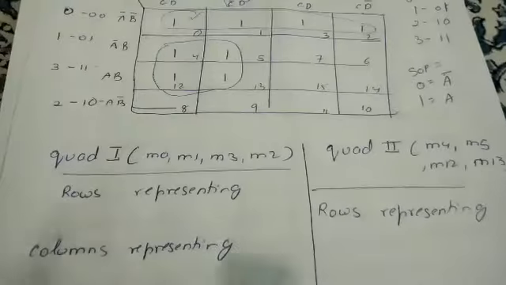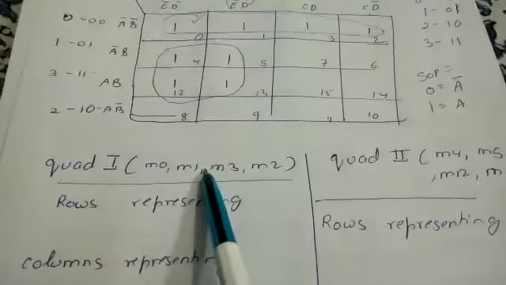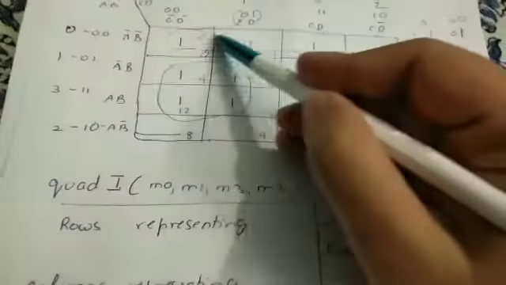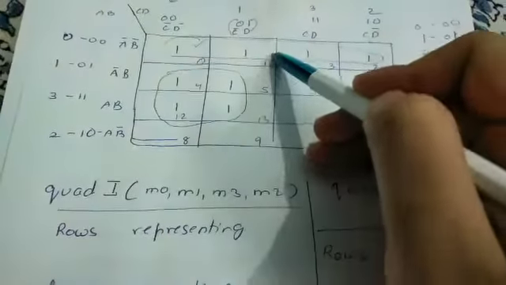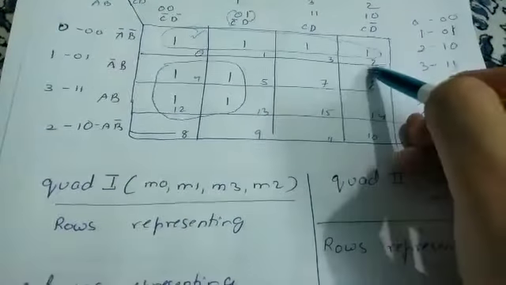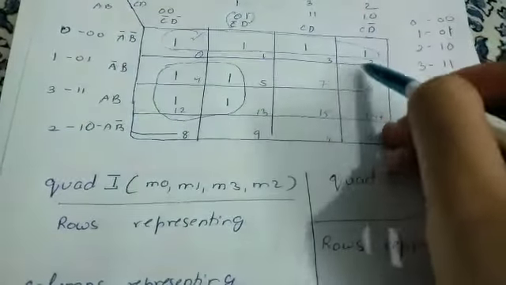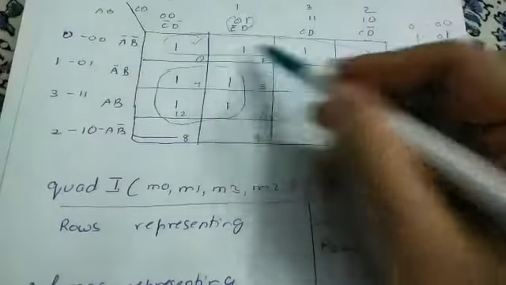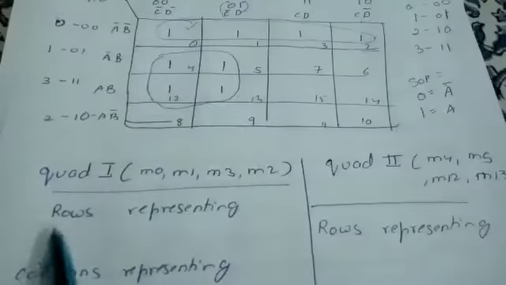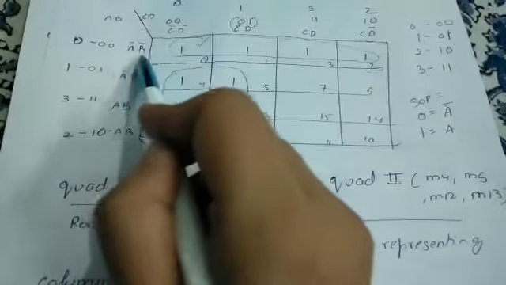Now let's solve this expression here. Quad 1: M0, M1, M3, M2. So these are your quad 1. Now what are the rows representing your quad 1? The ones are there in the entire row A naught, B naught only. So the row representing here is A naught, B naught.